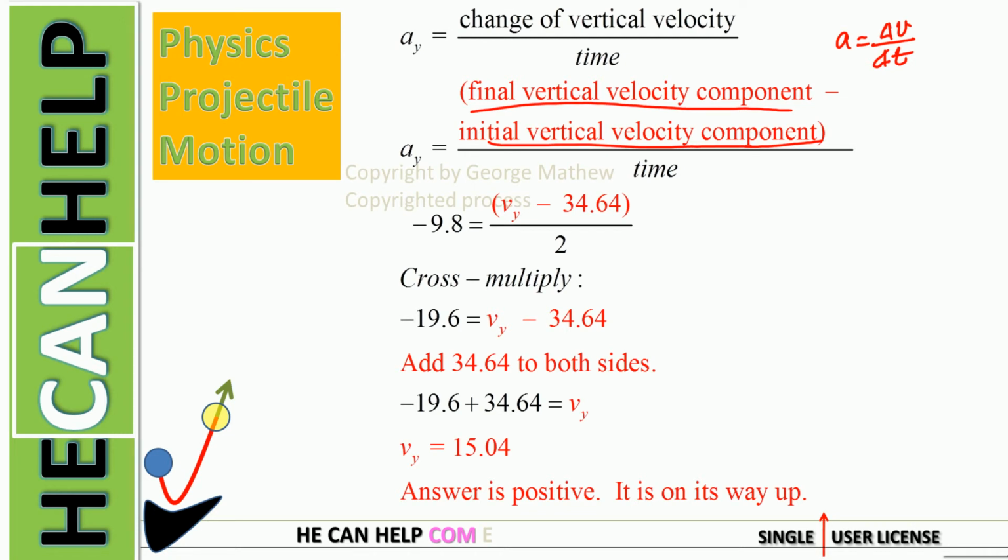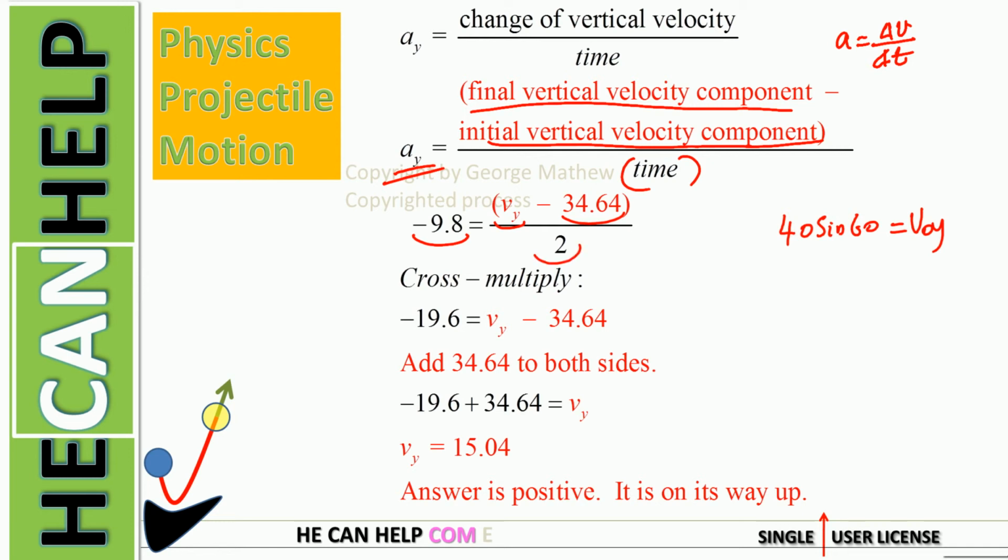And that whole thing divided by time is equal to acceleration along the vertical, which is negative 9.8. We don't know what the final vertical velocity component is, so we keep it as an unknown. The initial vertical velocity component is 34.64. Please don't forget, it is 40 sine 60. And divided by time, which is 2 seconds.